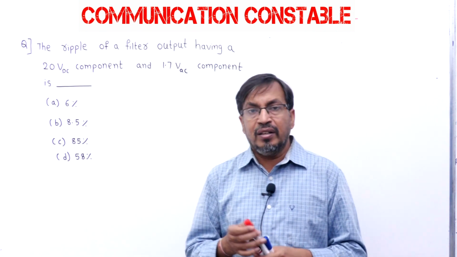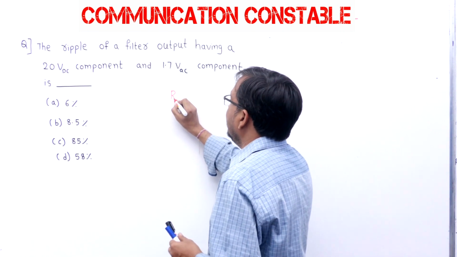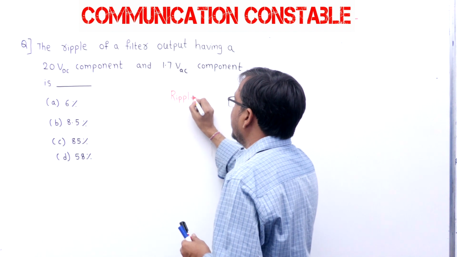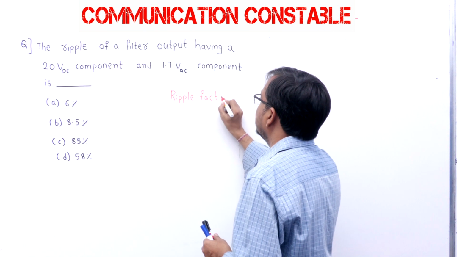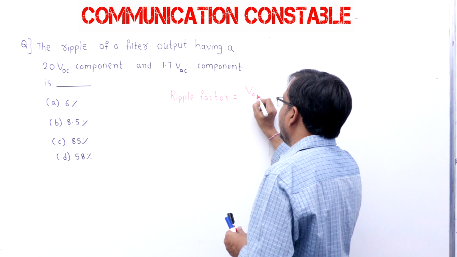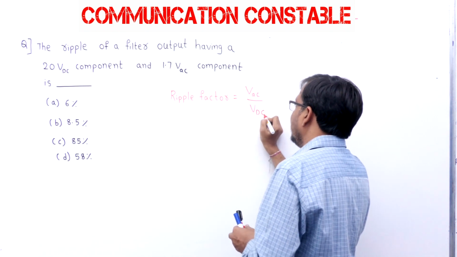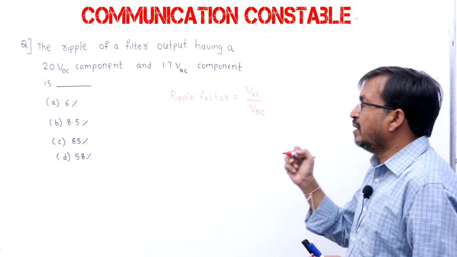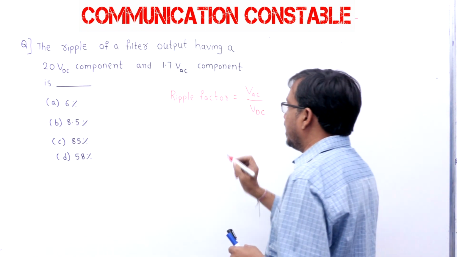So here in this filter, ripple factor is the ratio of AC component to DC component, either in terms of voltage or current. Sometimes ripple factor is also expressed in percentage.